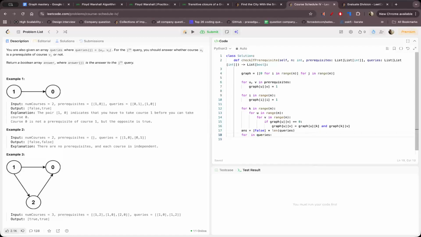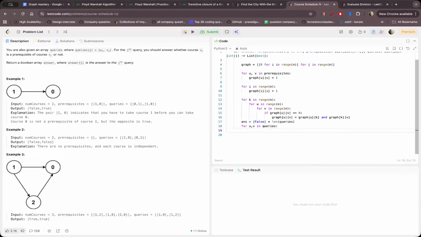So I'll simply get u and v in queries. Then answer.append whether graph[u][v] equals 1, and I just need to return answer.